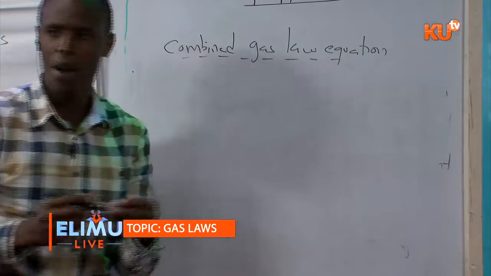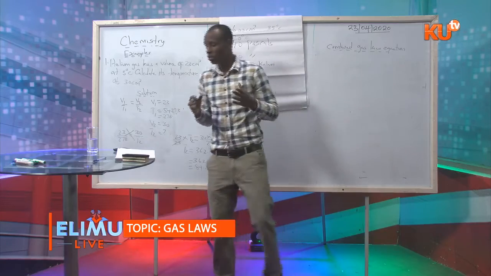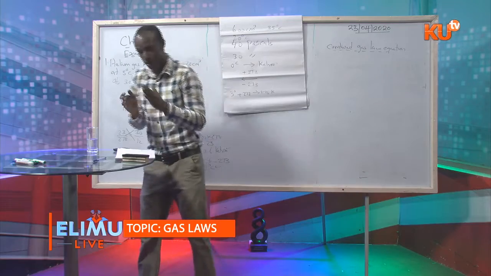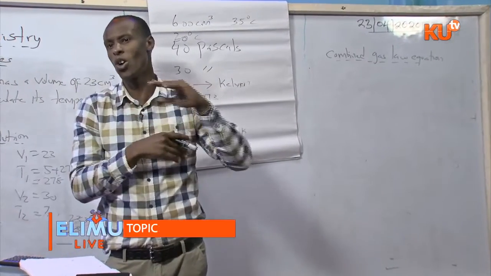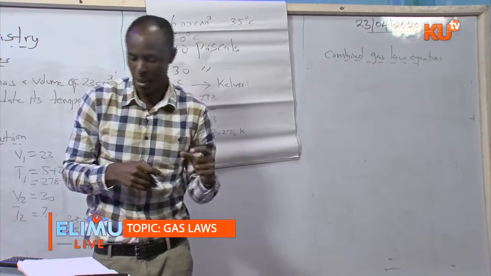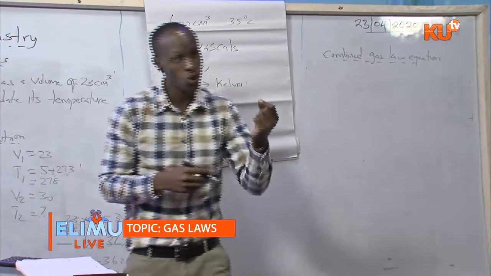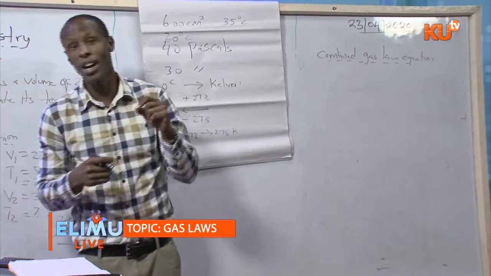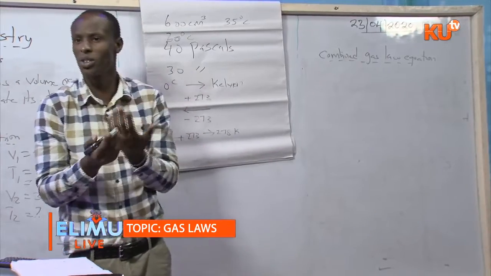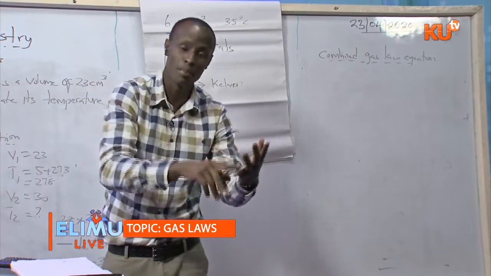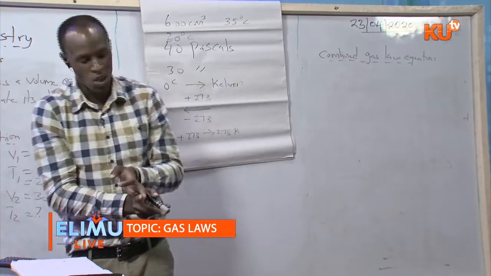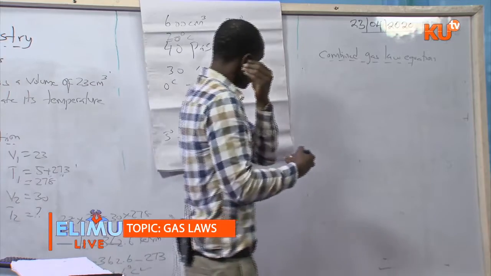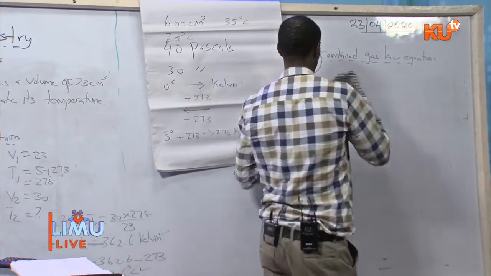This equation will be applied where the conditions change. Remember in the two examples, one condition was being held constant. In Charles Law, you hold the pressure constant. In Boyles Law, you hold the temperature constant. But now in the combined gas law equation, everything changes. You change the pressure of the gas, you change the temperature of the gas, and also the volume of the gas will change.